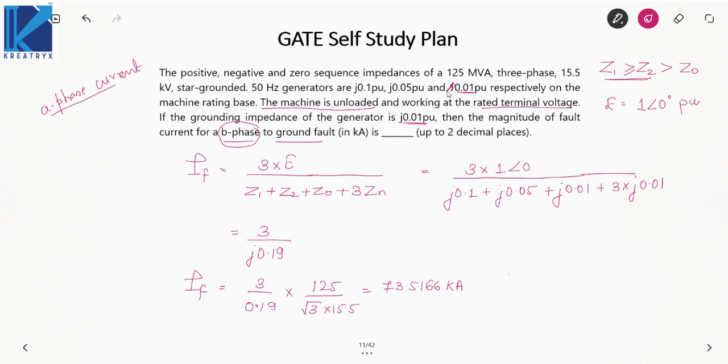If the fault is in B phase and we are asking the current of A phase, then Ia would be 0. But here the fault occurs in B phase and it asks for the current of B phase. Hence, you just have to calculate the fault current.